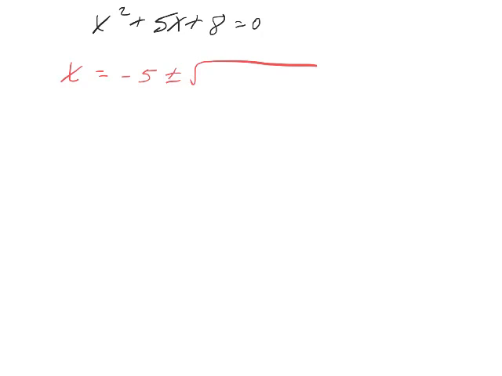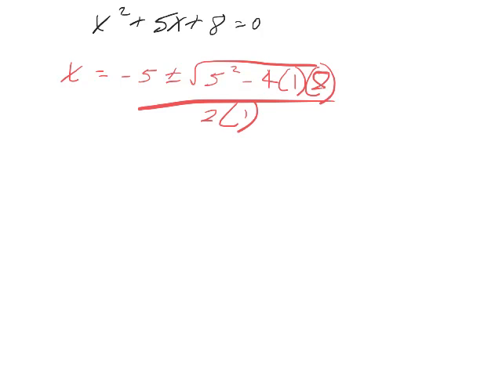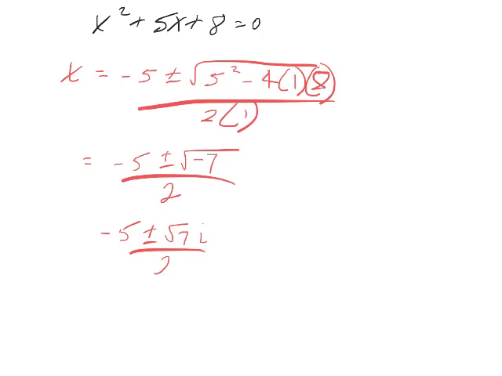So I'm just going to put in the numbers here. 5 squared minus 4 times 1 times 8 all over 2 times 1. Alright, so we end up with our negative 5, and everything inside there becomes a square root of negative 7, and that's over 2.